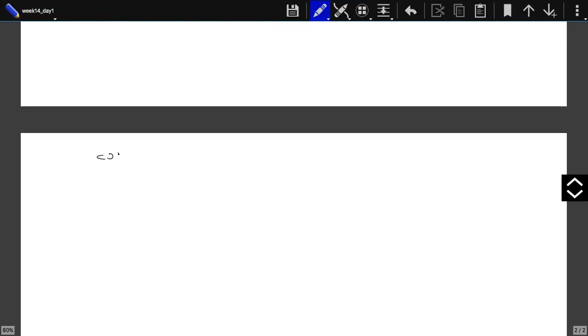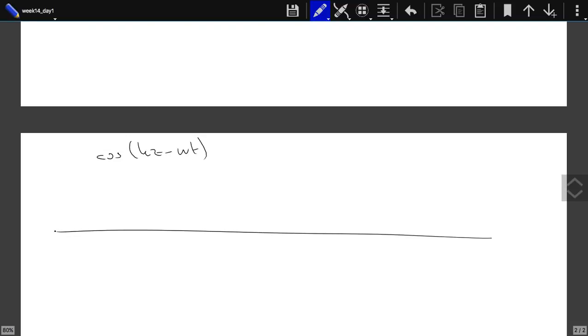If you look at this function, cosine (kz minus omega t), at a given time, let's say t0, and as a function of z, how will it look? Just up and down, it's just a cosine.